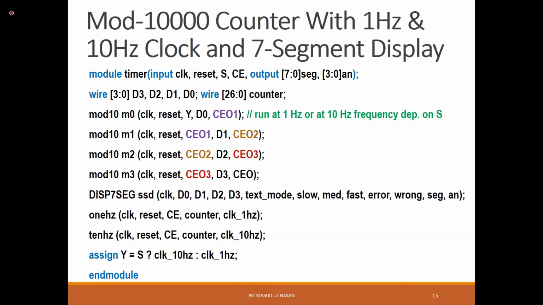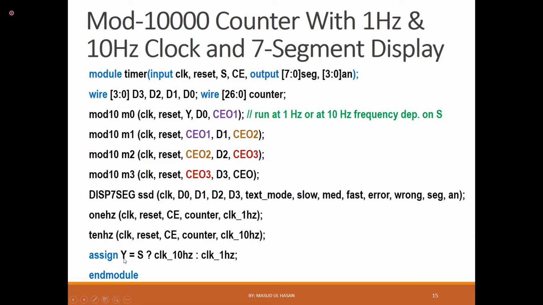Now here you can see that there is a multiplexer. A single select line means a 2 by 1 multiplexer. The output of the multiplexer is Y, and depending on this S, if S is 0, it will give you the 1 hertz clock.